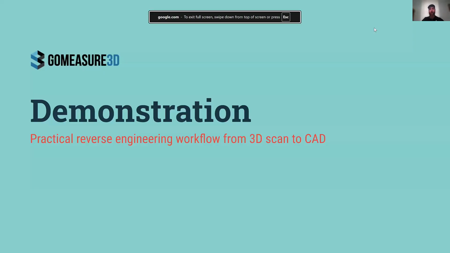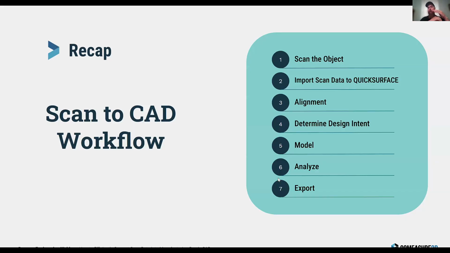So just to do a brief recap of what we discussed. With your scan to CAD workflow, the important highlights here are obviously we want to scan the object, then we're going to bring that into QuickSurface. But from there, as Costa mentions, the most important aspect is alignment. Once you have a part aligned correctly, things become a lot easier.